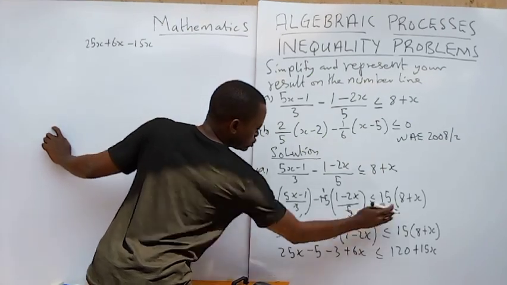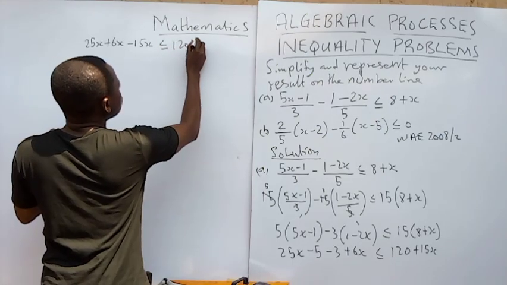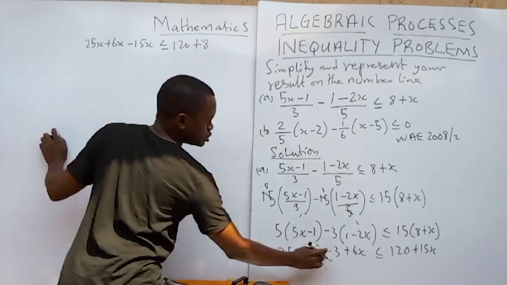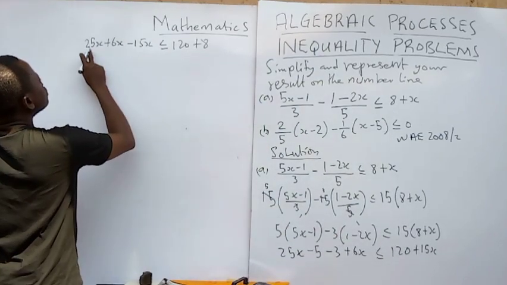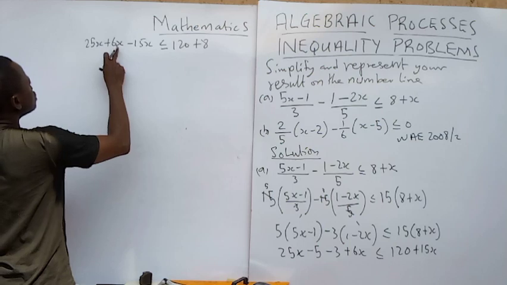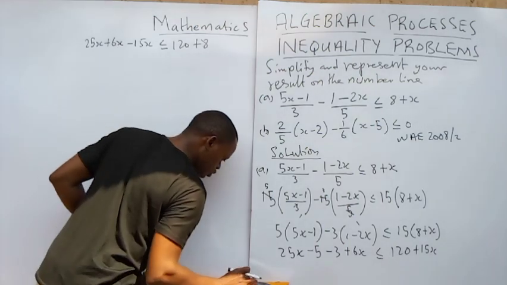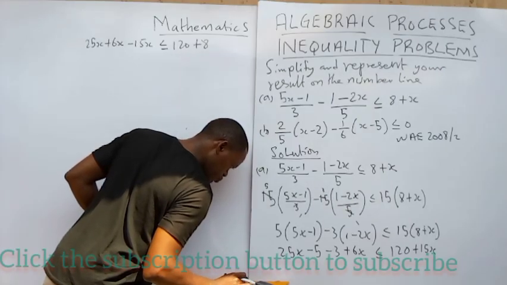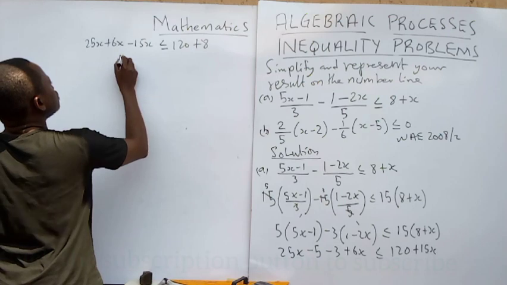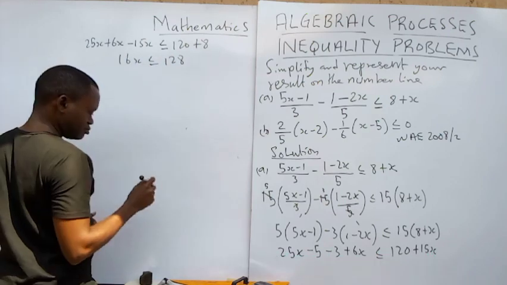That minus 8, I'll put it the other side. So I'll put less than or equal to 120 plus 8, because this is going over there. So finally, 25 plus 6 will give me 31. 31 minus 15 is 16. So I have 16x less than or equal to 128.